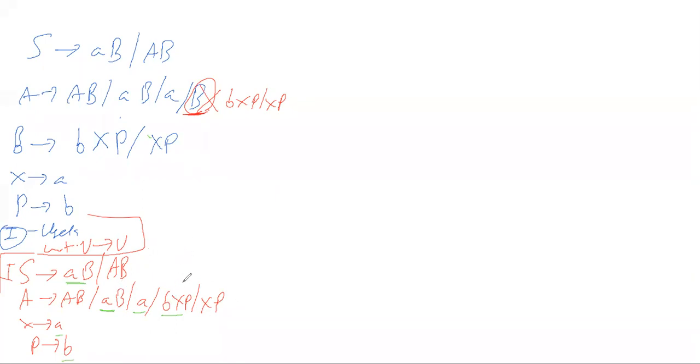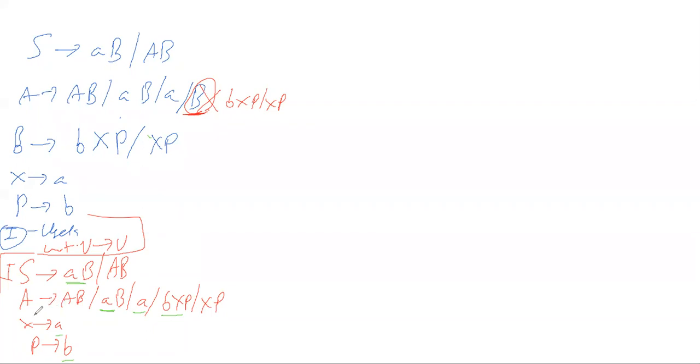Then the remaining are CNF. The third step, what we'll do is check the CNF productions and check whether they contain a left recursion or not. What is left recursion?